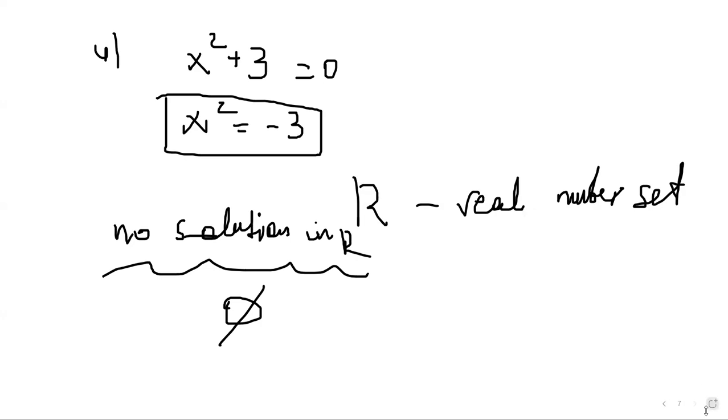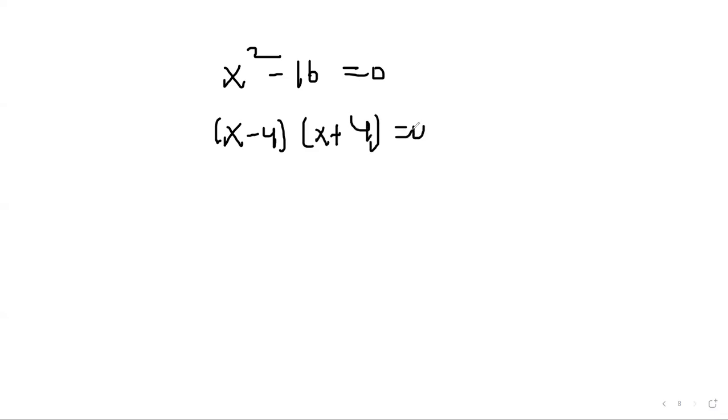Also I would like to remark, when we do equations, for example, x squared minus 16 equals 0, we can do it with factorization, as the topic suggests. We can write it as (x minus 4) times (x plus 4) equals 0.